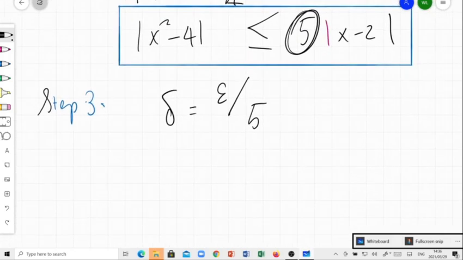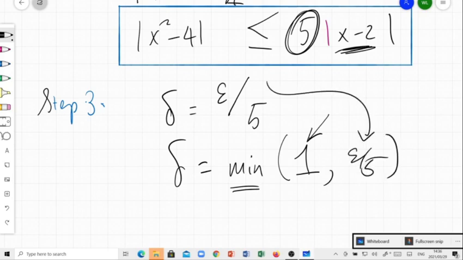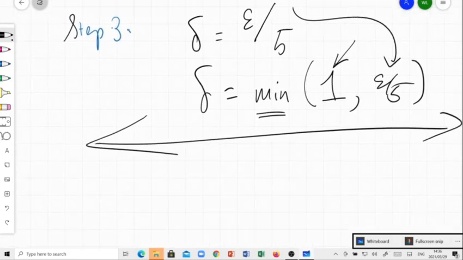So the accurate answer is the minimum of 1, that was my fixed distance, and epsilon over 5. I choose the smaller of the two, because that 1 comes from there, and this will solve the question. And this is the hardest it will ever grow to.